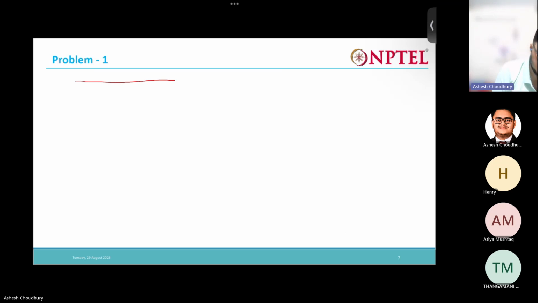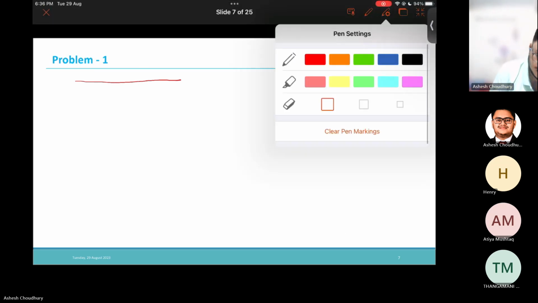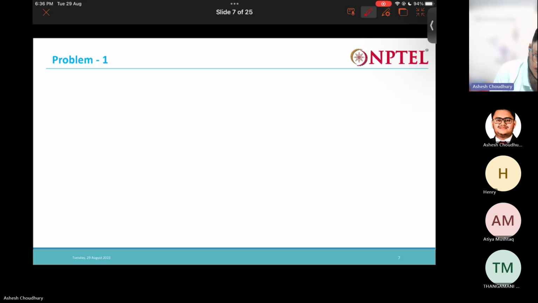This is the ground level, say. It is very difficult to draw straight. So this is the ground level. This is the 15th layer.